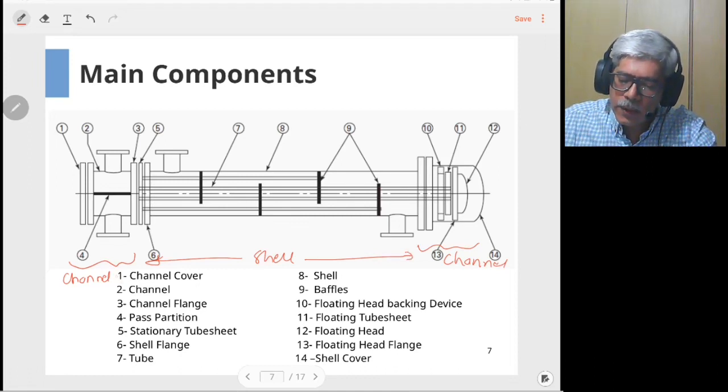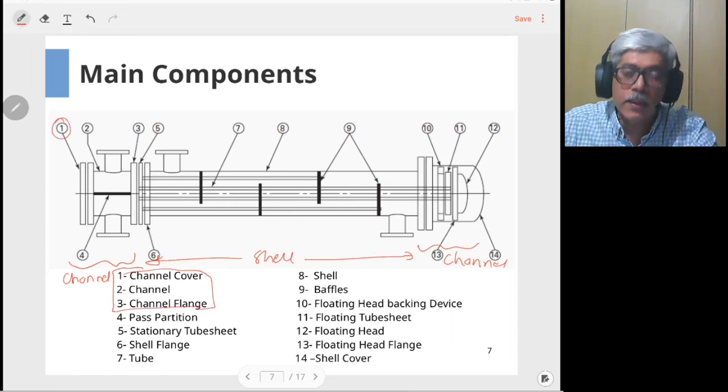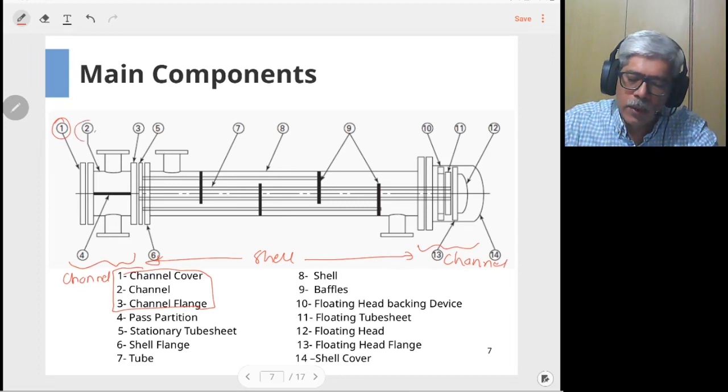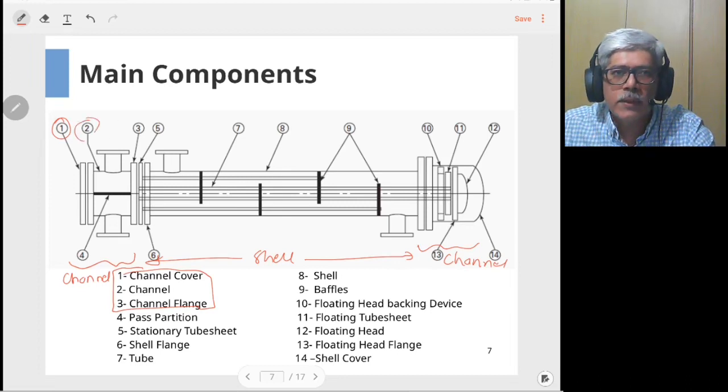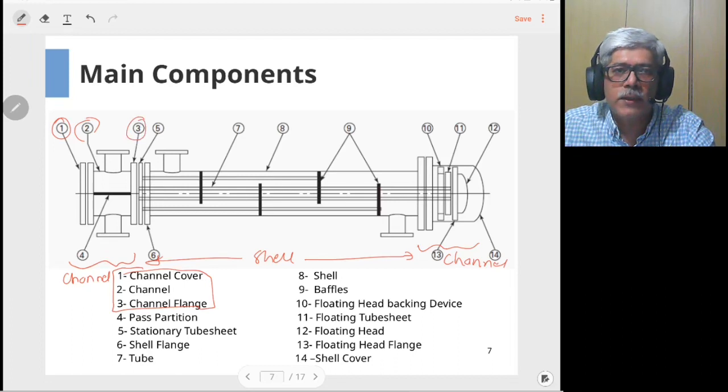From the channel side you have items 1, 2 and 3. Number 1 is the channel cover. Number 2 is the body of the channel, which is a cylindrical section which leads to the tube bundle, and number 3 is the channel flange which connects to the tube bundle.